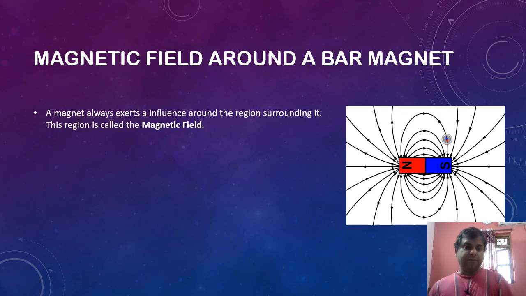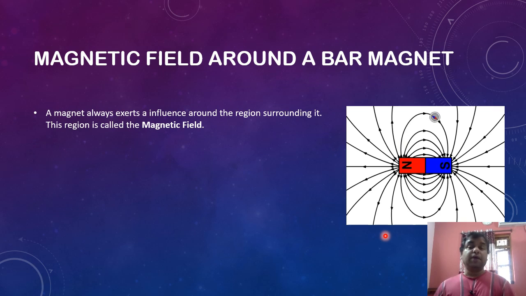A magnet always exerts an influence around the region surrounding it. This is a bar magnet, but usually we come across magnets of various sizes and shapes, like the small magnets that we stick onto our fridge and our cupboards.